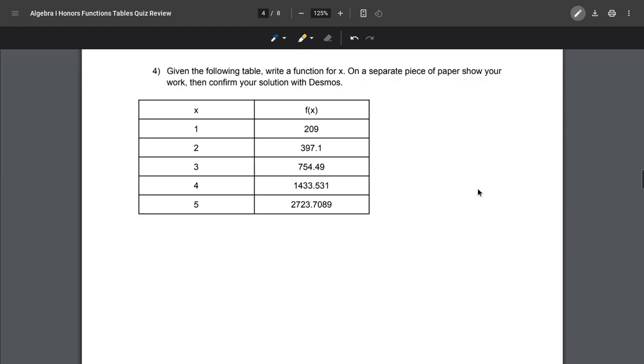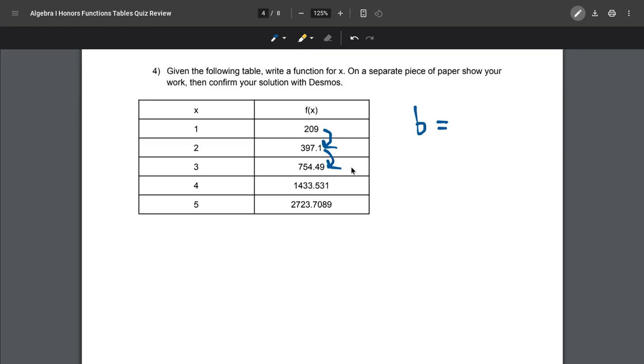Okay, we've got another table here. We're going to write a function for x. I don't have the initial amount here, but I do have my increase here. So this is not constant. Each of these is not a constant adding of some number. So I'm going to assume this is exponential. So let's try and figure out what the base is first.